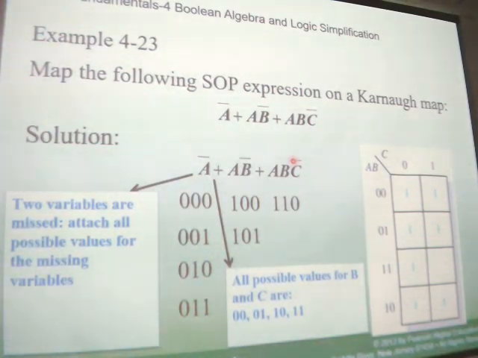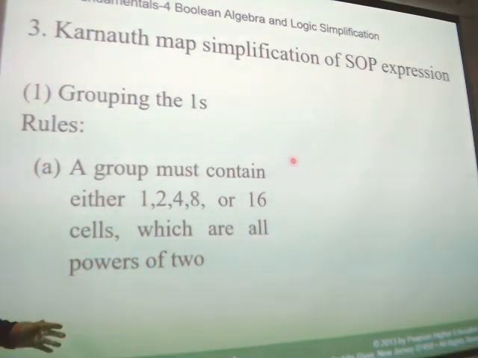From now on, we will learn how to use the Karnaugh map to simplify SOP expressions. First, the rules for grouping the ones. What is the rule for grouping the ones?